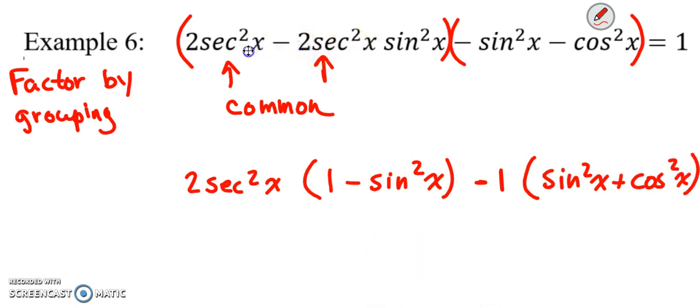Okay, so here we factor out the secant squared x. So that leaves us with a 1 here. And that leaves us just with sine squared x. We factor out a negative here, like we did, I think, on example 4. We factor out a -1, so therefore it made it sine squared x plus cosine squared x, which we already know what that equals because that's a trig identity.